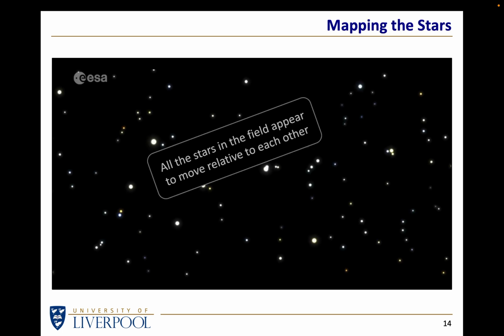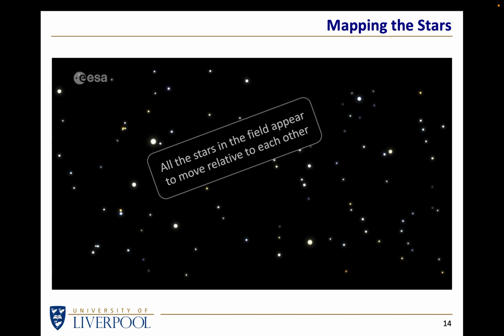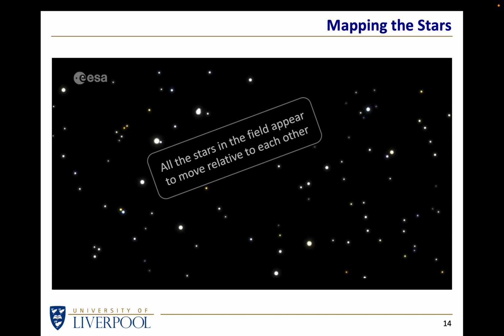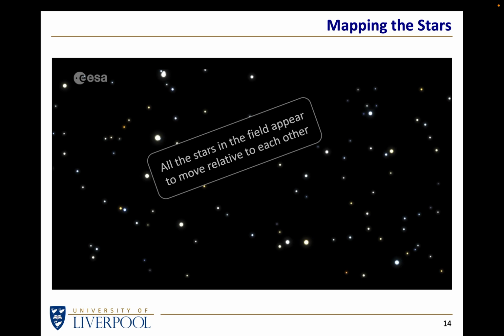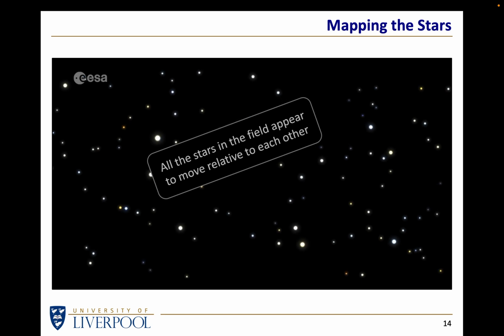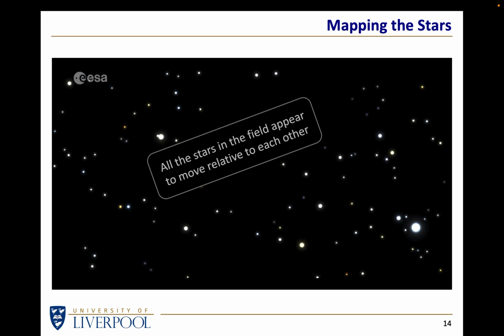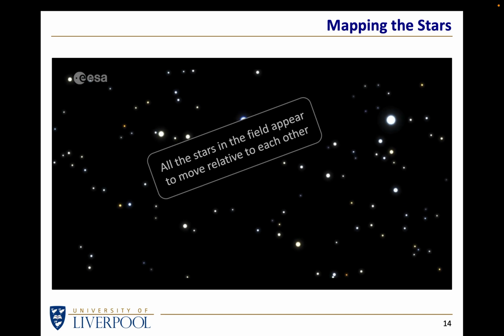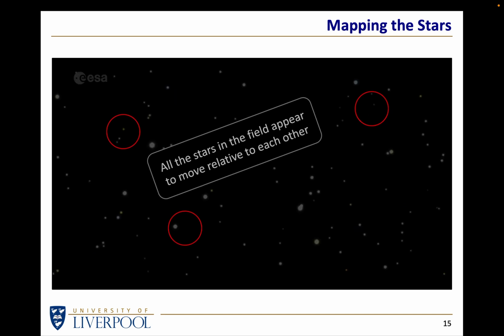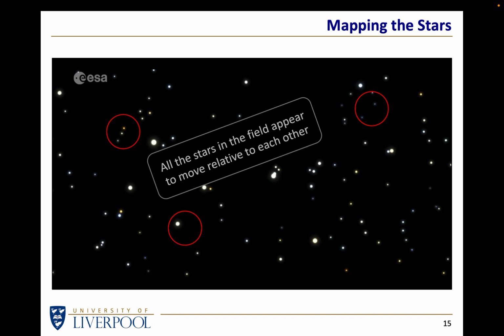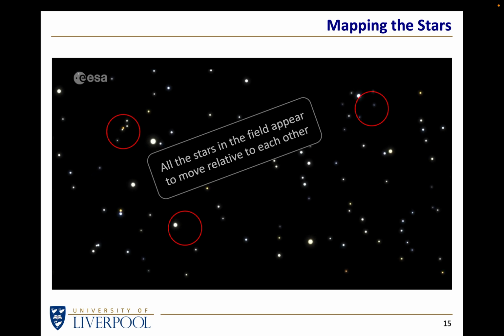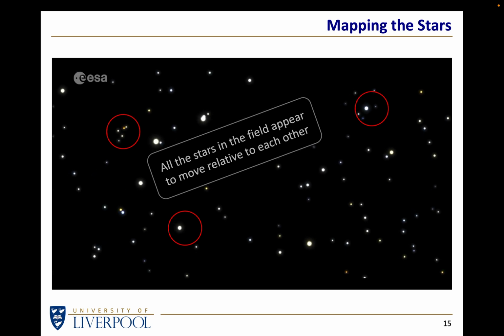This is a sort of cartoon, if you like, reminding us that when we look into the sky, this is either a patch of sky with exaggerated motion, or if you want to think of it as a small patch of sky, individual stars are moving because of the Earth and moving in their own right. If I draw some imaginary fixed circles, you can see that stars are moving relative to each other.